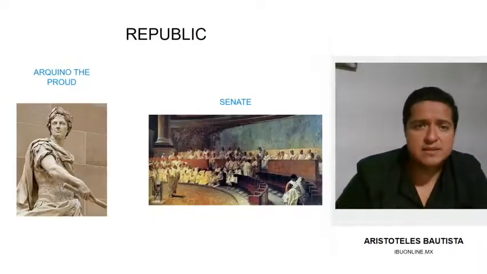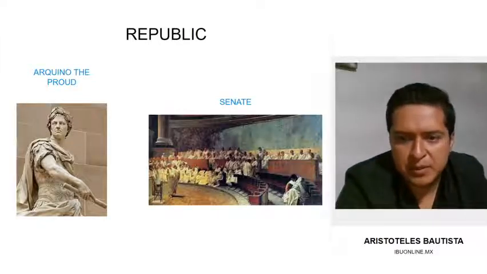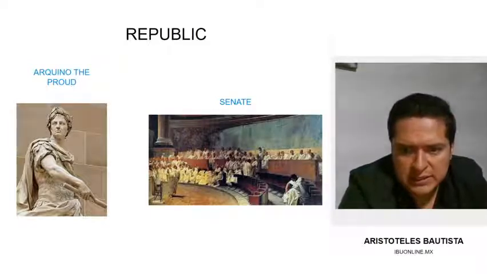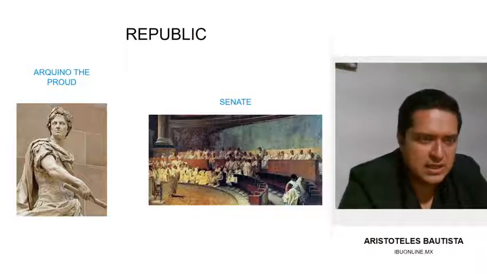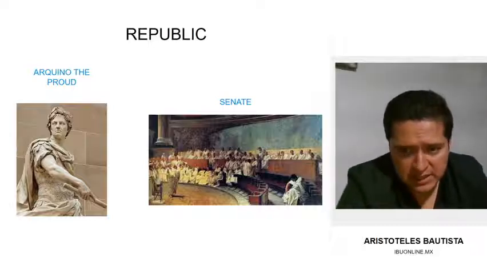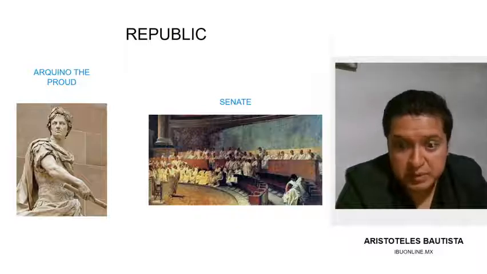After these events, we discover the republic. The republic was a very important event because Tarquinius the Proud was expelled from Rome.